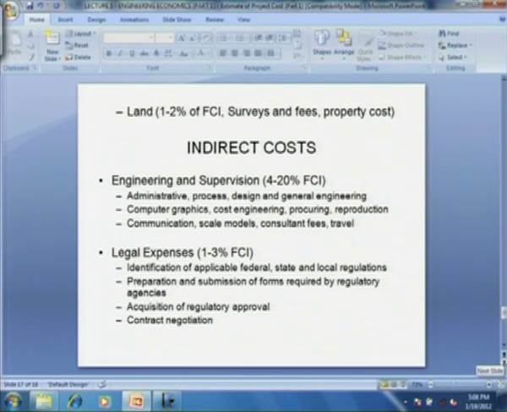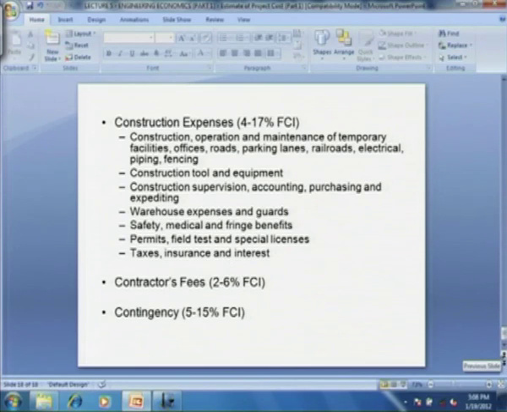So, you have to hire a legal consultant or maybe legal personnel, an advocate for your company, who will handle all these issues. Then the construction expenses, these are typically 4 to 17% of fixed capital investment.